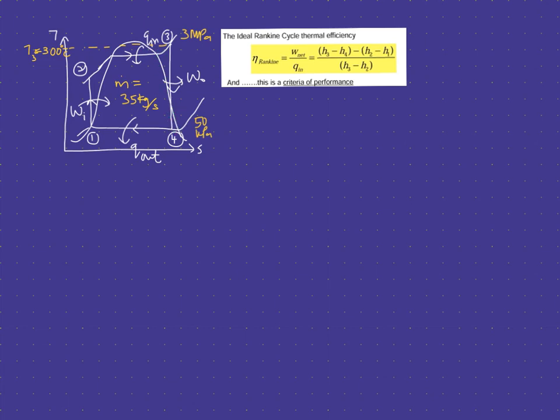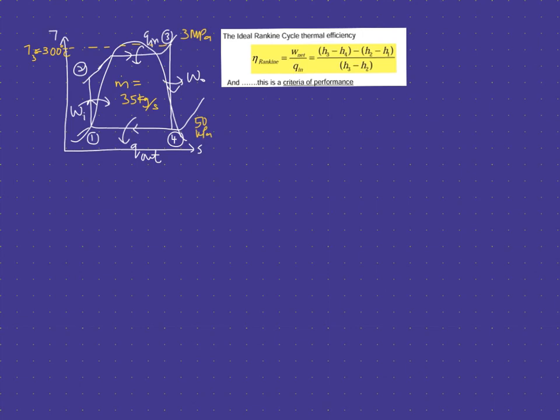So let's start with the first state that we have here, which is your state 1. Or you can start at whichever state that you want, either 2, 3, or 4, as long as the information given to you allows you to read your property table. In this case, in order for you to read your property table, you will need to know two known values first.